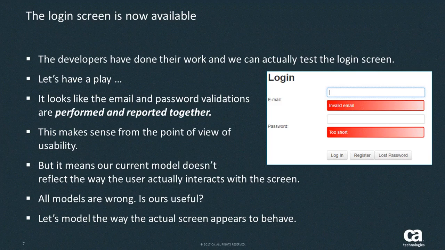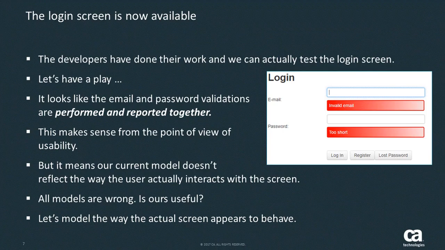But we have a slight challenge, because now the screen's arrived, it might change our thinking. Let's look at the actual screen in use, and I'm going to show you a graphic of what happens when you click the login button without entering an email address or a password, and you get both error messages.